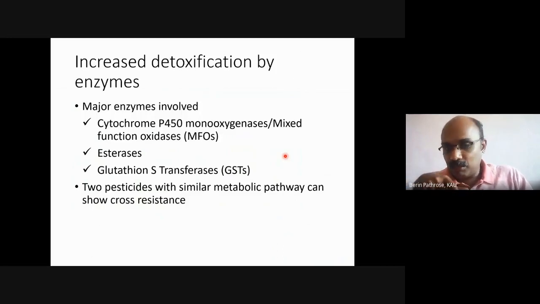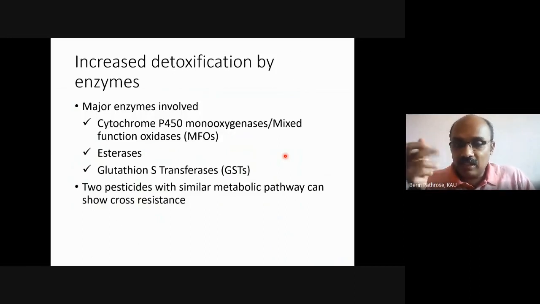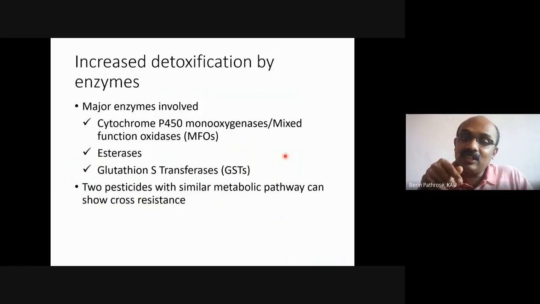Termite, Helopeltis, tea mosquito bug, they feed on neem tree. Neem contains azadirachtin, but still these insects are able to feed on it because they have the ability to detoxify these allelochemicals or secondary metabolites present in the plants.